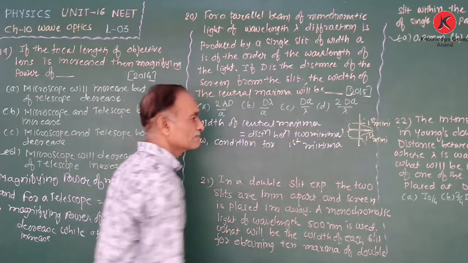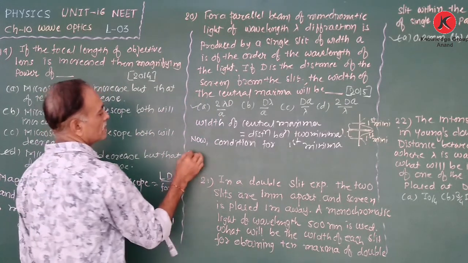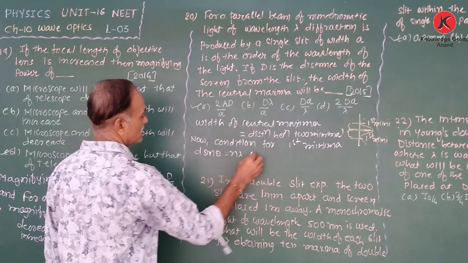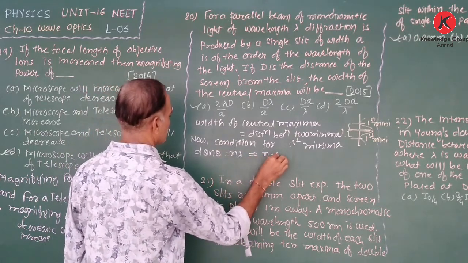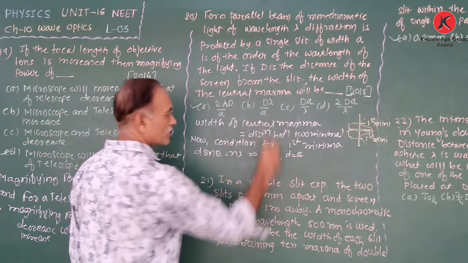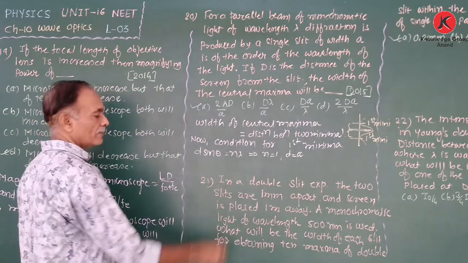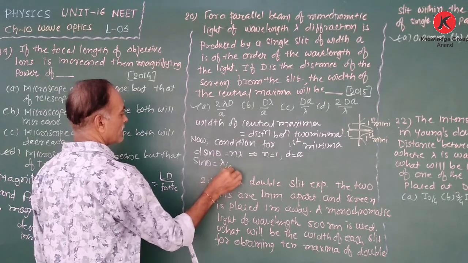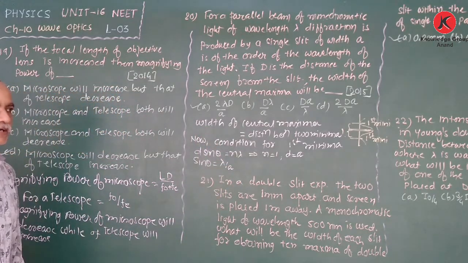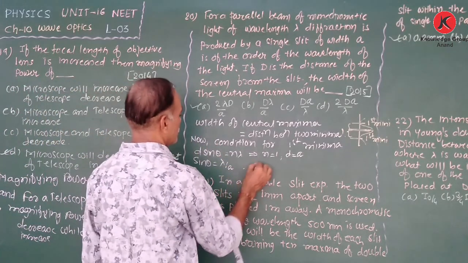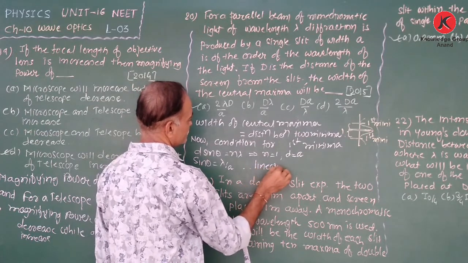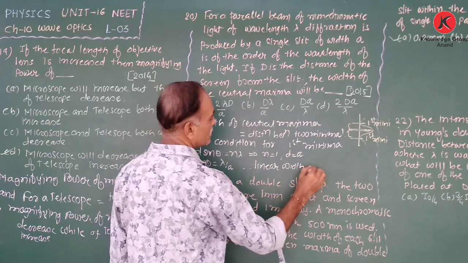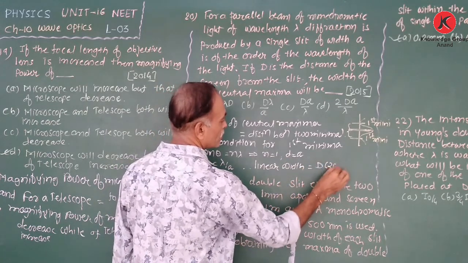The condition for the first minima is d sin theta equal to n lambda. Here n is equal to 1, and d is equal to a. Therefore, sin theta is equal to lambda upon a. Therefore, the linear width is equal to D into 2 theta.